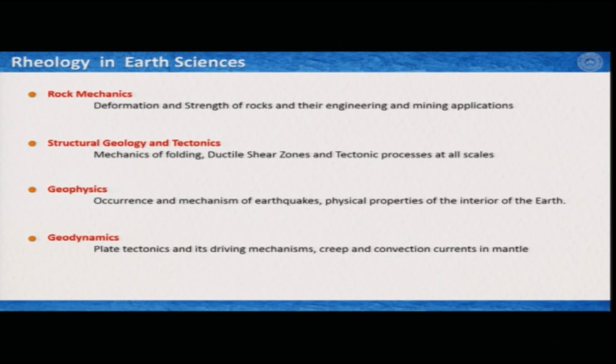So, plate tectonics, its driving mechanisms, creep and convection currents in the mantle, upwelling of plumes and so on. All these things are studied under the topic of rheology.